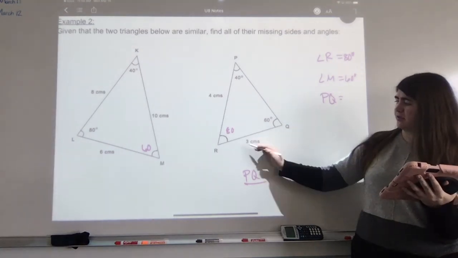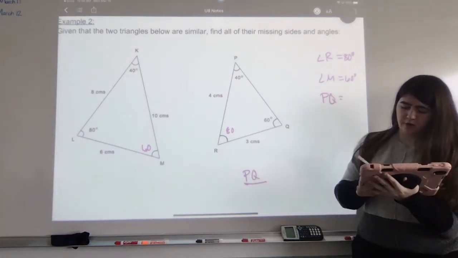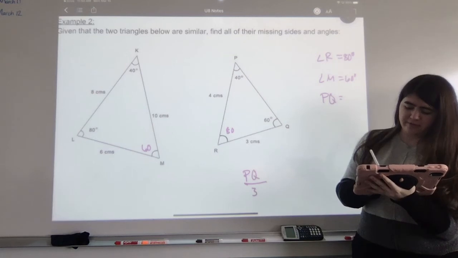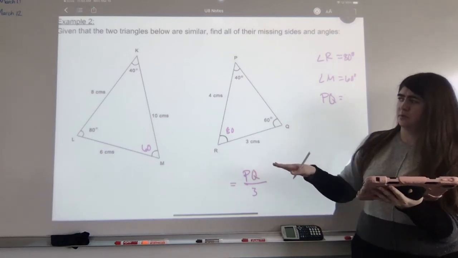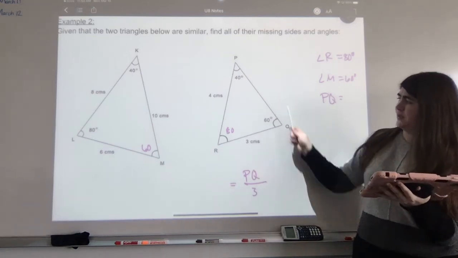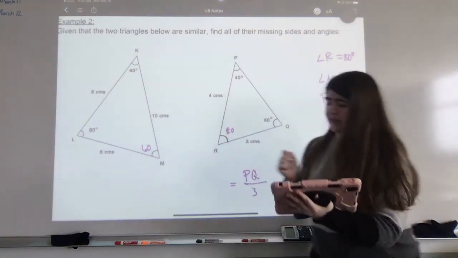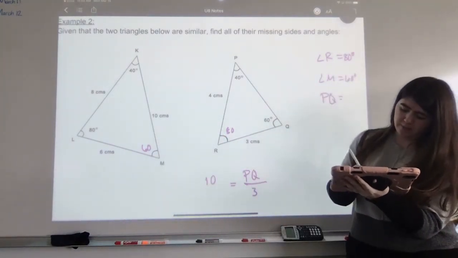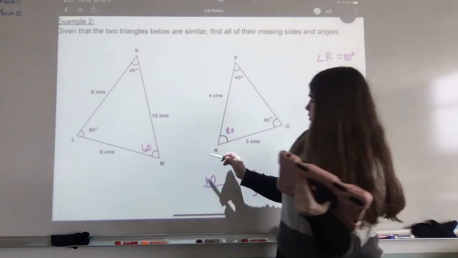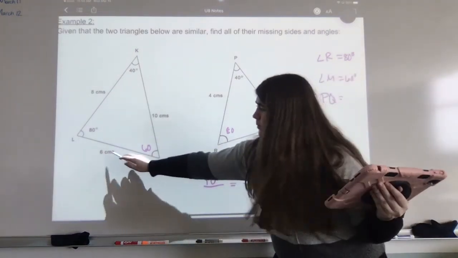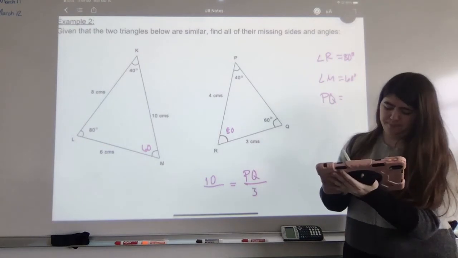So I'm going to pick this 3 centimeters here. So RQ is 3. I just have to make sure that I use the same corresponding ones. So I have PQ, which is between 60 and 40. Between 60 and 40, it will be 10 on our larger shape. And then between 60 and 80 would be 6 for LM.